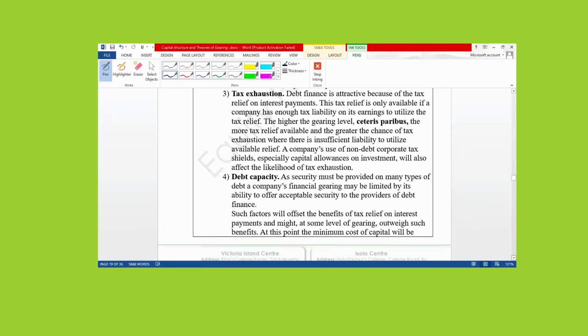To use debt finance, companies require security.